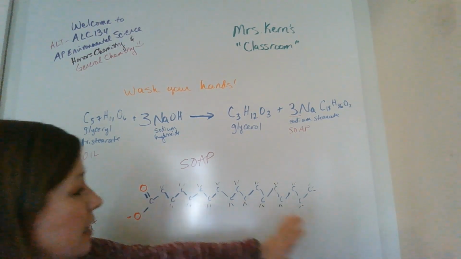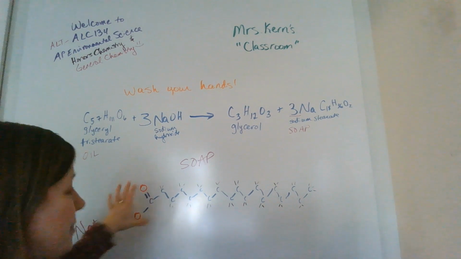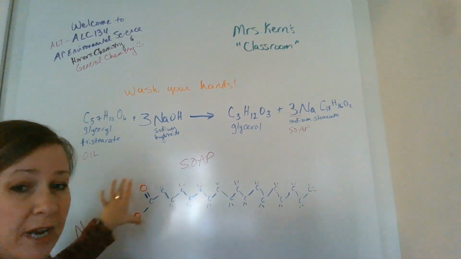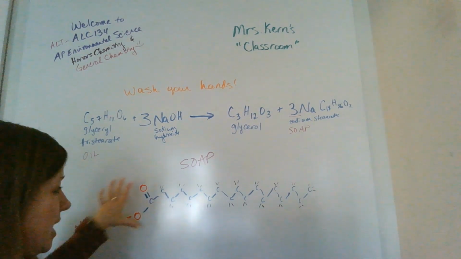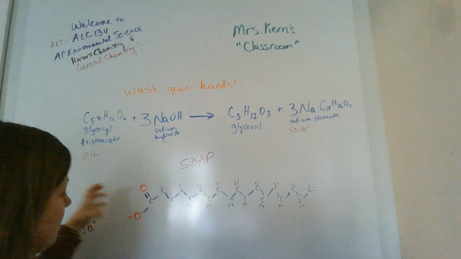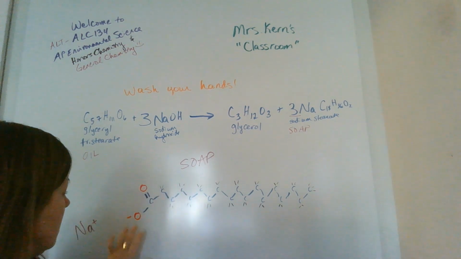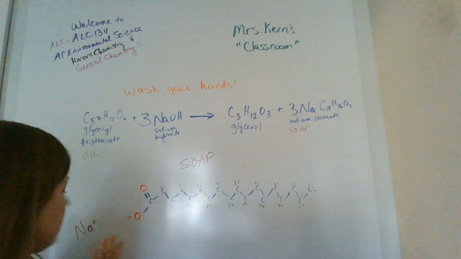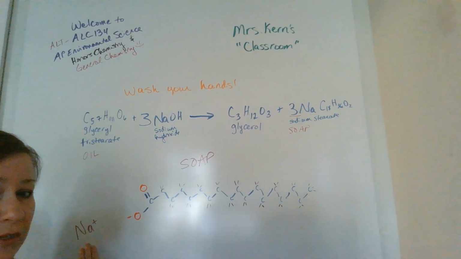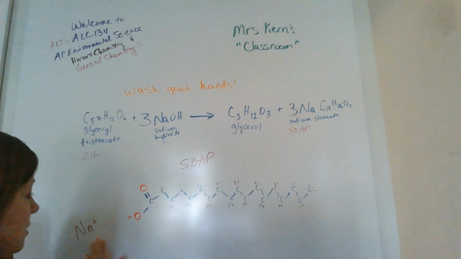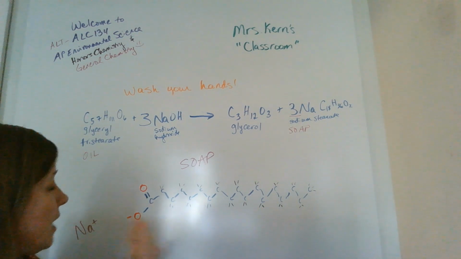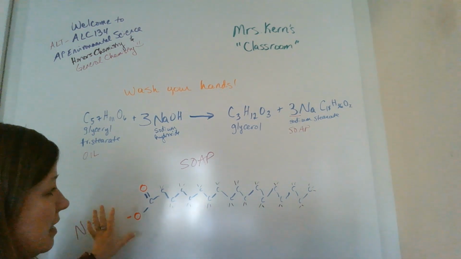And the whole thing has a negative charge. But because the oxygen atoms are so electronegative, those electrons are going to be pulled somewhat toward this end. And so this end is going to be partially negative. And then it's attracted, of course, to the sodium ion, which has a +1 charge.